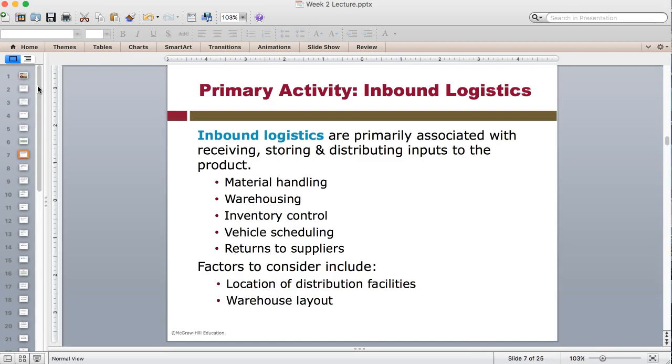Inbound logistics talks about how we get the stuff that goes into making our product. An example I use here is Panera Bread, since we all know them.